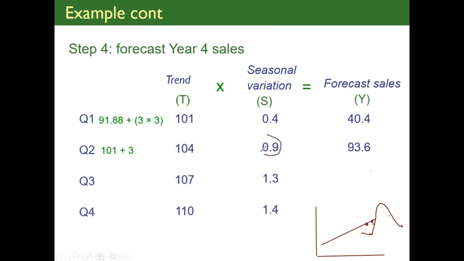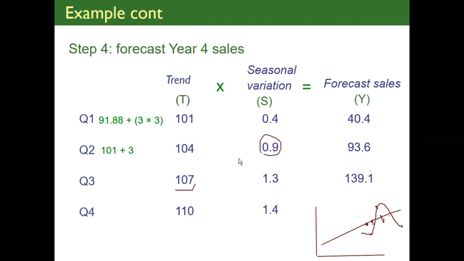But then if you pay attention, in quarter number 3, you've got trend line 107, and the seasonal variation impact is 1.3, which means that forecast sales should be 30% more than that. So here, probably you are getting quarter number 3 here. So in quarter number 3, your trend is below, your actual value should be 30% higher, and therefore forecast value is 139. And the same goes for quarter number 4.